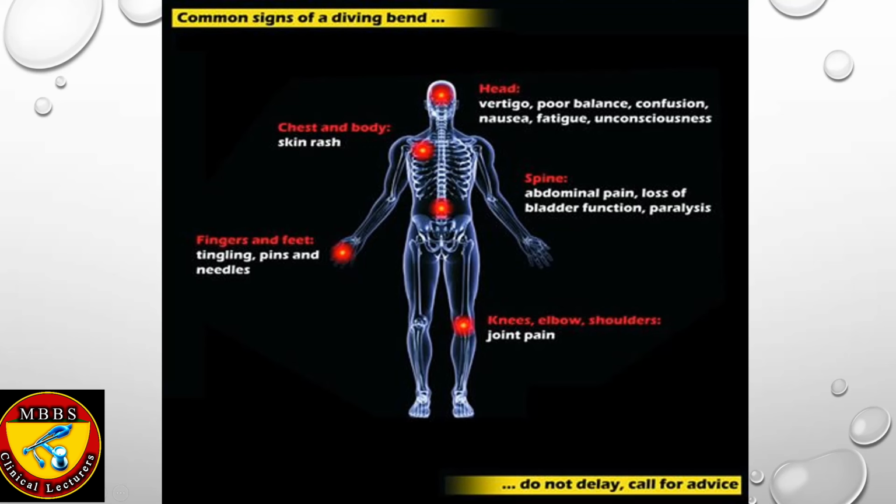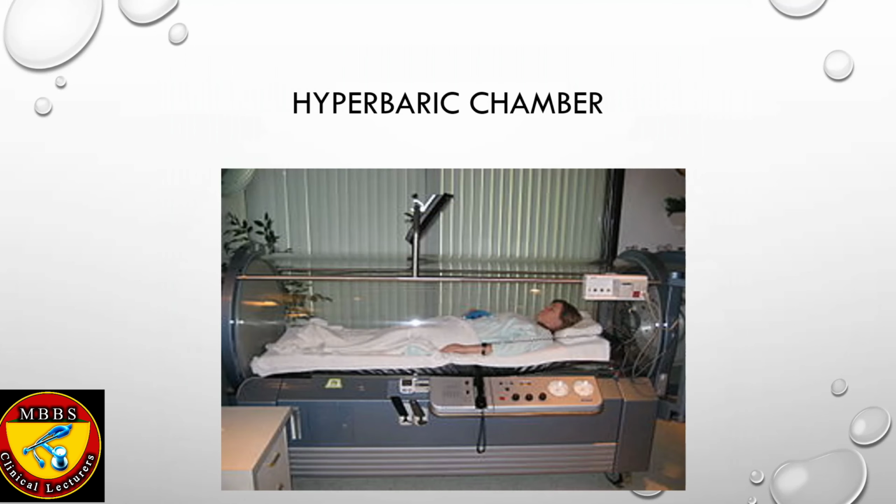So do not delay the treatment. The treatment should be given very promptly. Here you can see the hyperbaric chamber where the patient is kept, and under sufficiently high pressure, you have to force the gas bubbles back into the solution. And then subsequently the slow decompression is done.